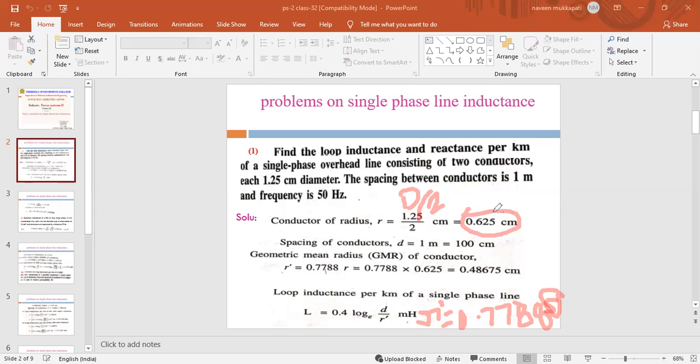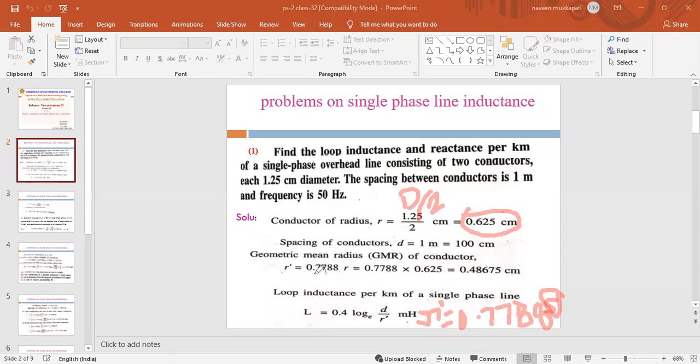After that we calculate the R dash. R dash is equal to 0.7788 into R. What is the value for that R? That is 0.625. Therefore, R dash is obtained in centimeters.